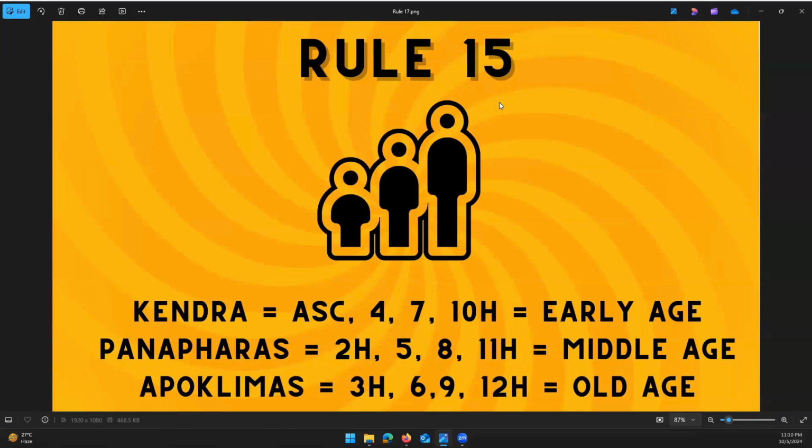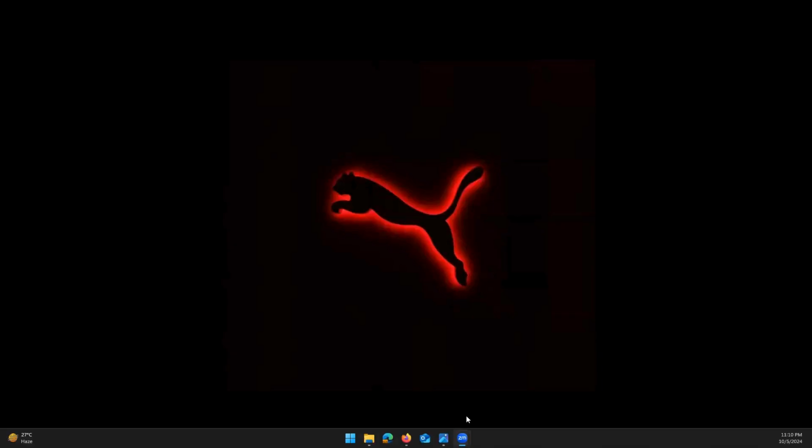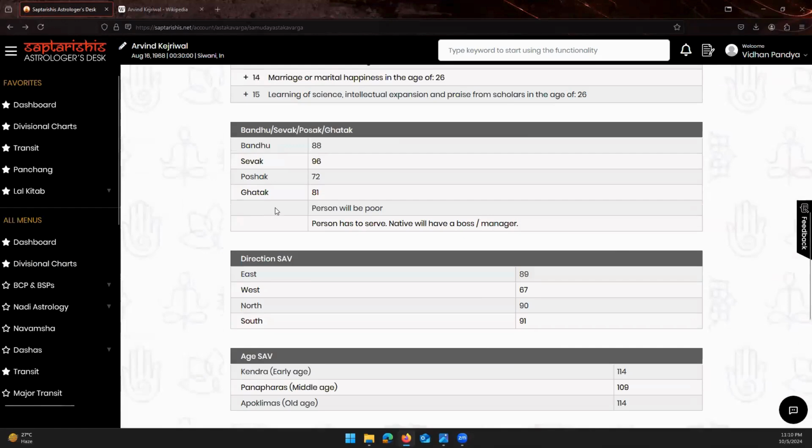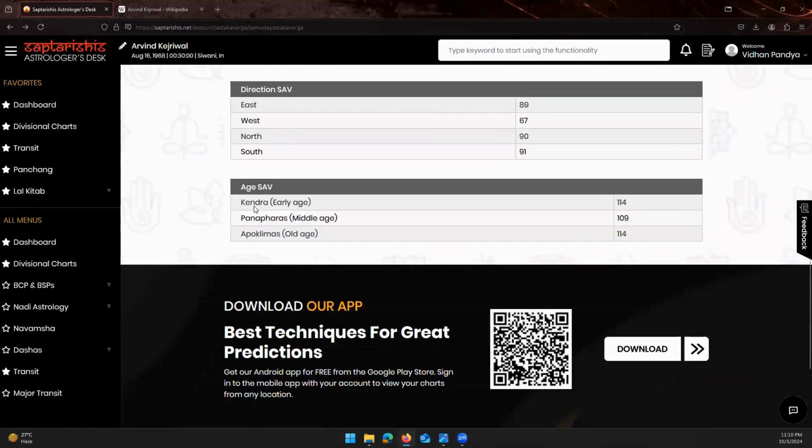And if you sum up the SAV points for the Apoklima houses, that will give you an indication about how the life of the person will be during old age. Let me go back to the same example. Here Kendra houses represent early age, Panapara middle age, and Apoklima old age.